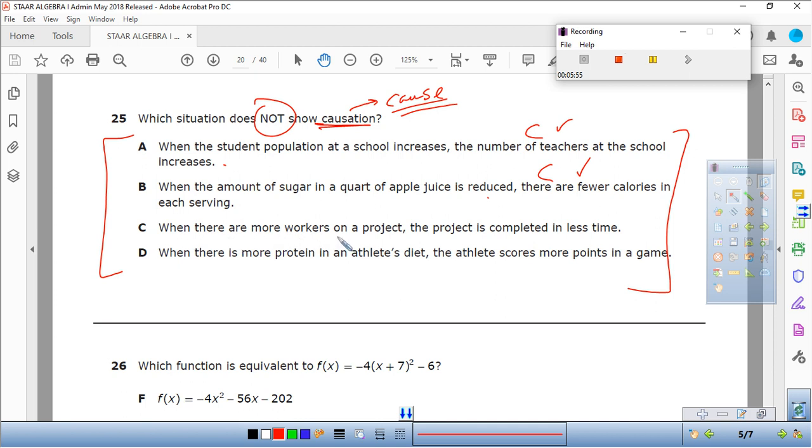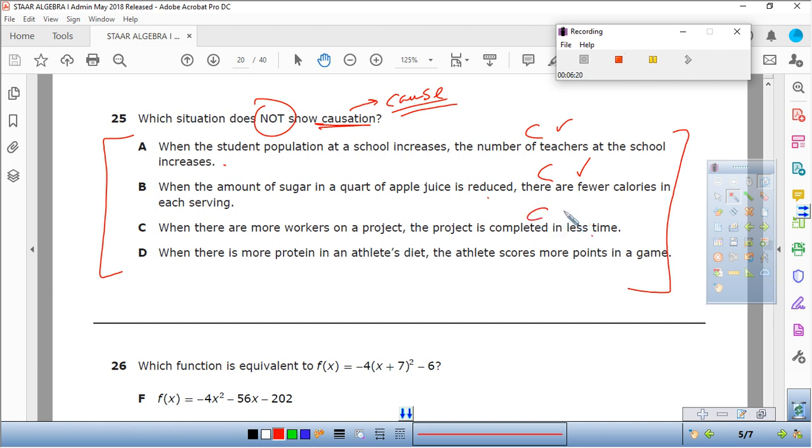When there are more workers on a project, the project is completed in less time. Now let's think about that. Say all of us are moving boxes of stuff in the room to the other side. If one person does it, well, you can get it done. But say we had 10 people. Well, would that cause less time for us to move? I'm going to say that shows causation again.